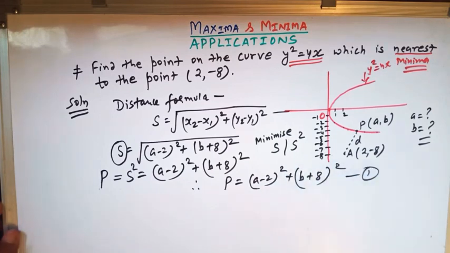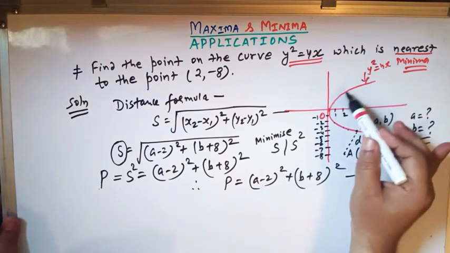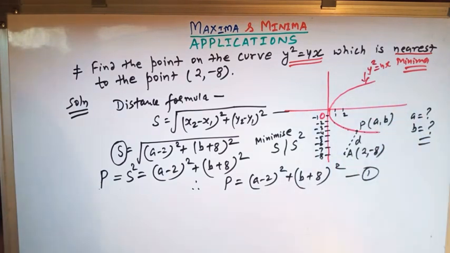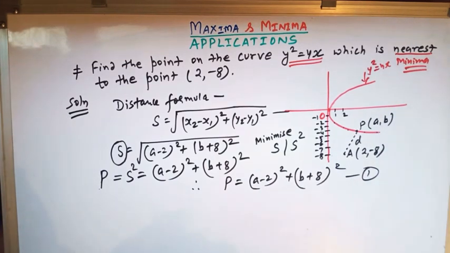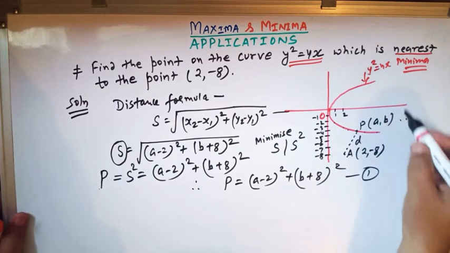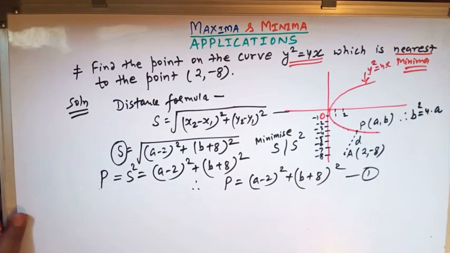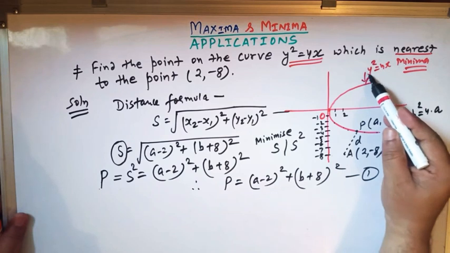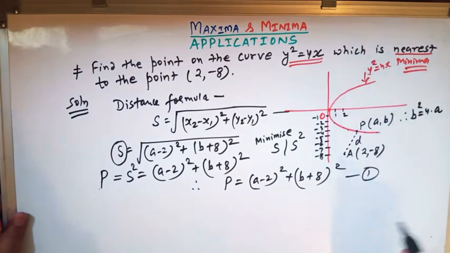This is equation number 1. Now this point P lies on this parabola. Therefore we have b square is equal to 4 times a, because the point a comma b lies on this curve. So this point must satisfy this equation.